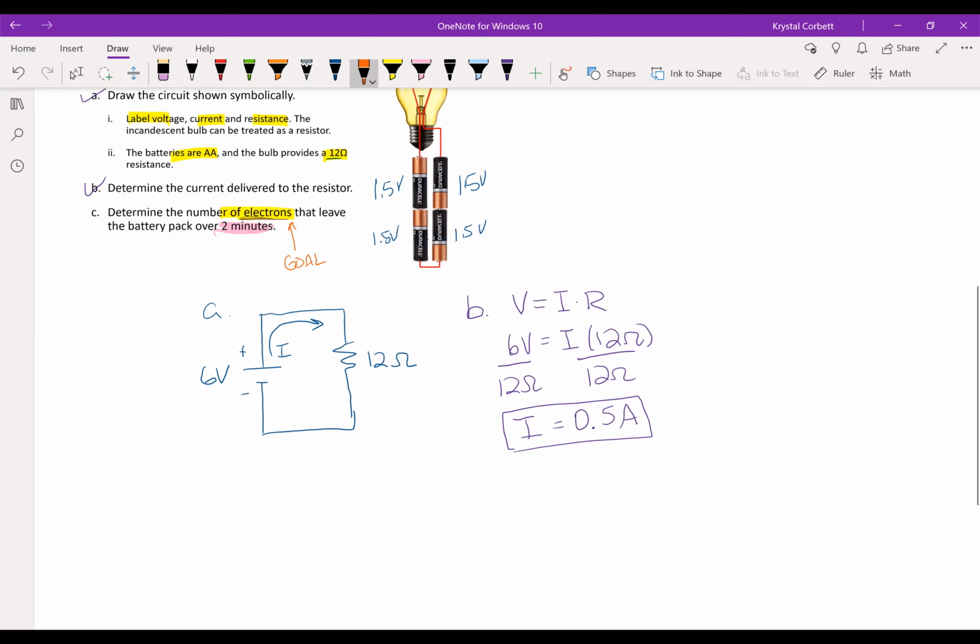So we know the current. We know that there's 0.5 amps, and so this is part C. We know that the current is 0.5 amps, and we know that the time is 2 minutes. Well, we learned from the previous example, it's easier if we write it as 0.5 coulombs per second.